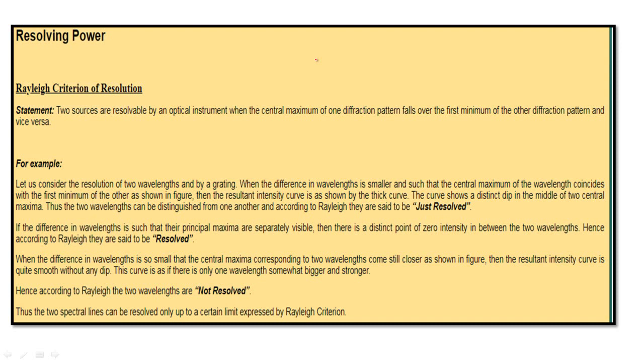So for making the distinction we use optical instruments such as a telescope if the objects are far away from the position of the eye, and if the objects are very close to each other and are microscopic particles, then we use optical instruments such as a microscope.